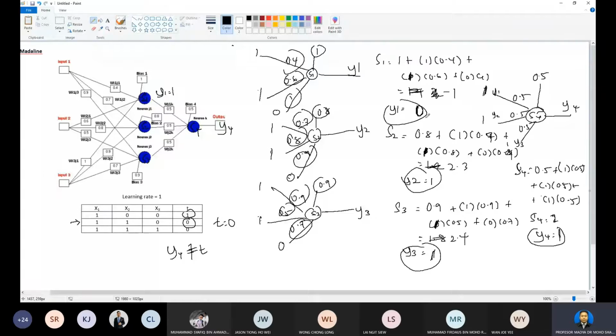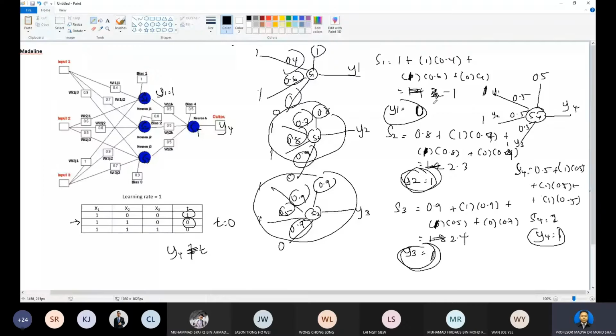So you can compare. The y output is not equal to the target. Comparing which ones are not the same as the target, only S2, y2 and y3. That means this part and this part you have to adapt.